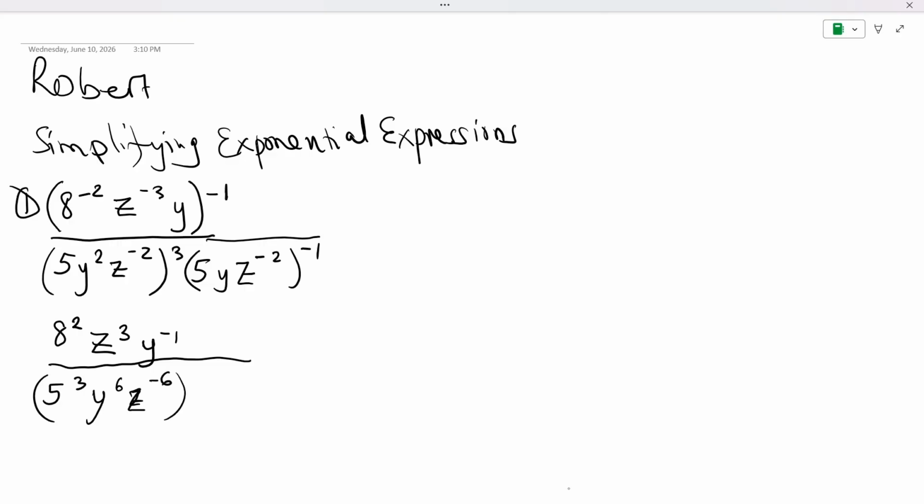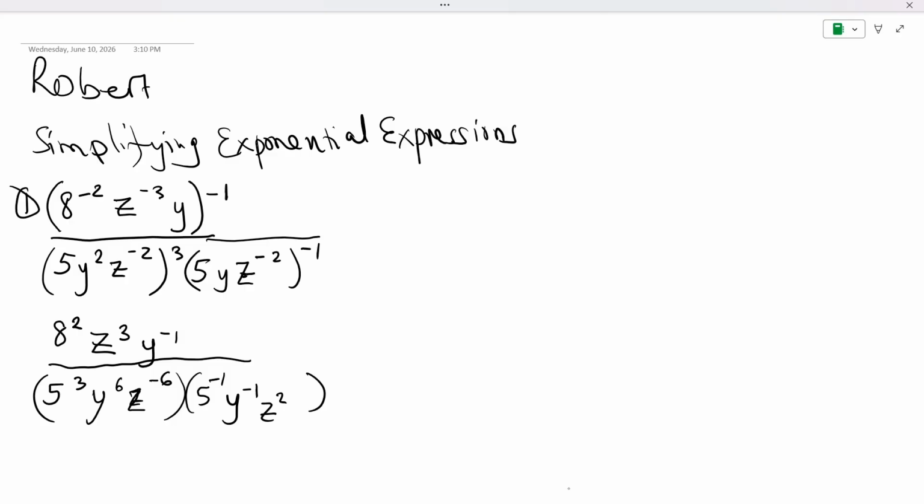And all this is supposed to be multiplied by 5 to the power minus 1, y to the power 1 is powered to the power minus 1, which will give us y to the power minus 1, and then z is powered to minus 2, and that now becomes z to the power minus 2 times minus 1, which will be 2.